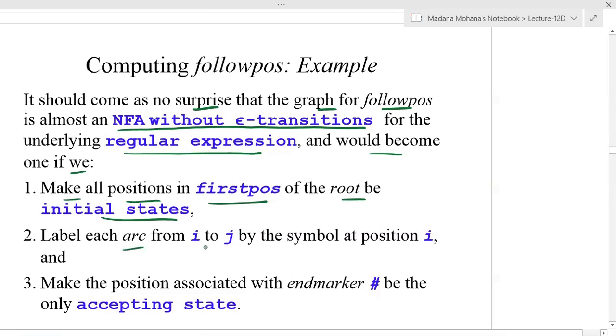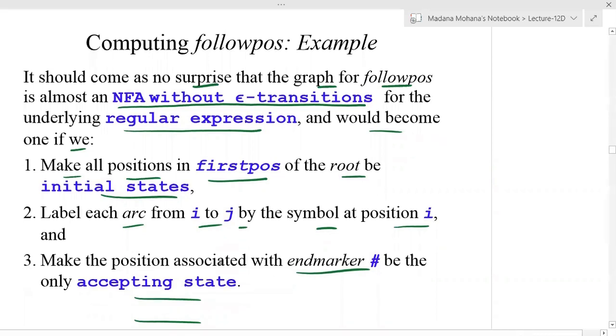Then label each arc from i to j by the symbol at position i, and make the position associated with the end marker hash be the accepting or final state. So by making these three conditions, the directed graph becomes an NFA without epsilon directly.